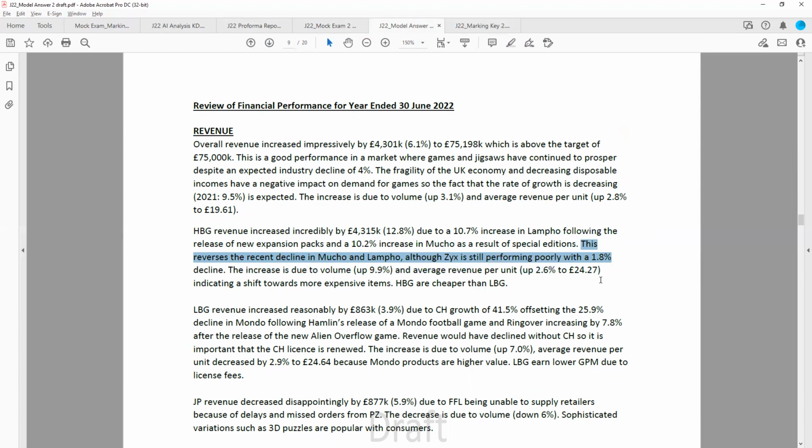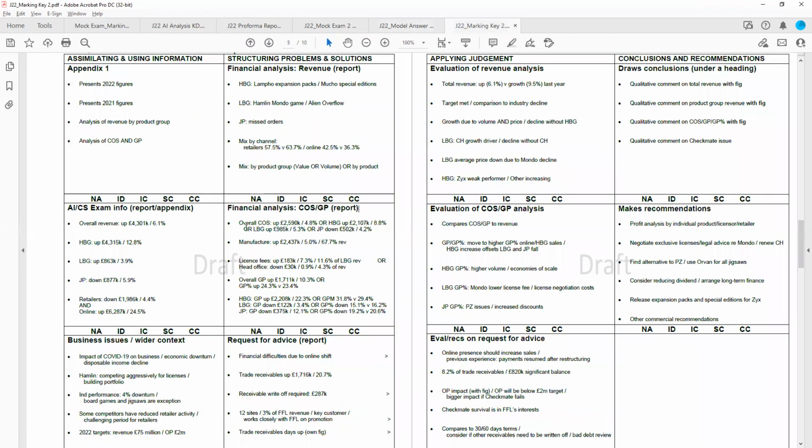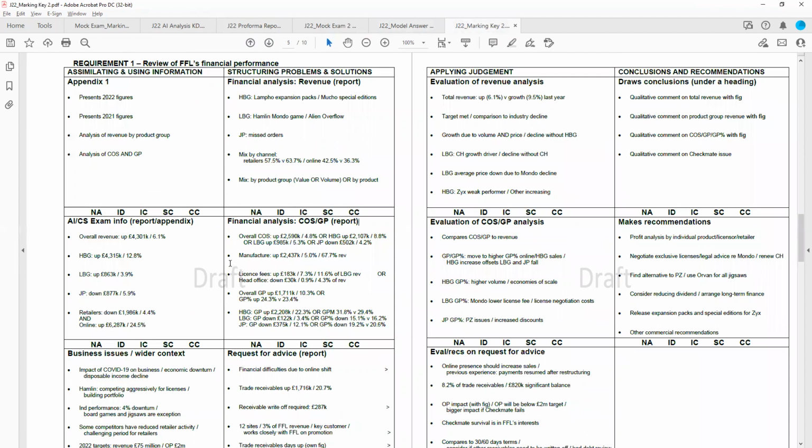So you've got two going up and one still going down. It didn't sound as though anything had been done about that product, but they had about the other two. And then you can say whether it's due to volume or average price, and then have a context point. Remember, as we've covered in all of the previous classes, what we're trying to do here is say HPG number up. So we get a point here. You get that for being in the appendix anyway, but number up.